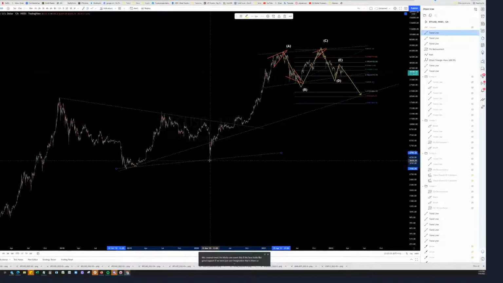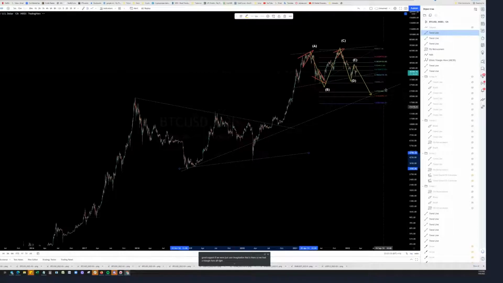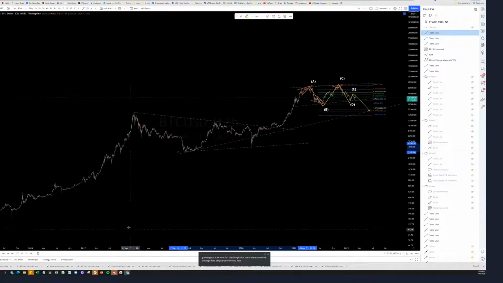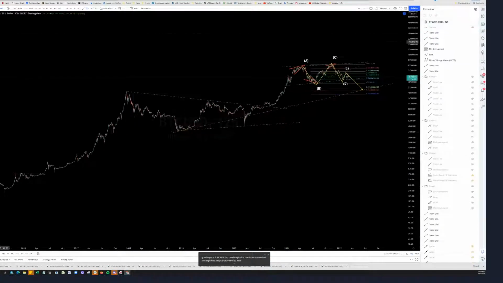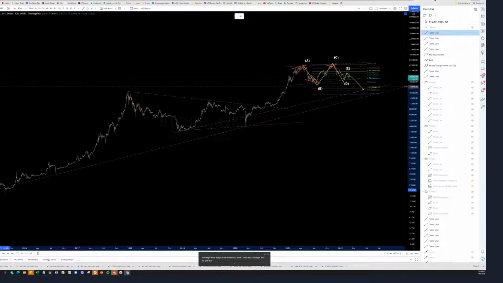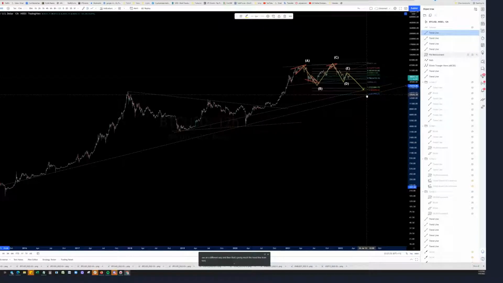So if we count that, then we have to use a different way. And that's pretty much the trend line from here all the way through. And we're just going to make it a bit more balanced. This level, that's a level of significance. And again, the 1.618 might be the case.